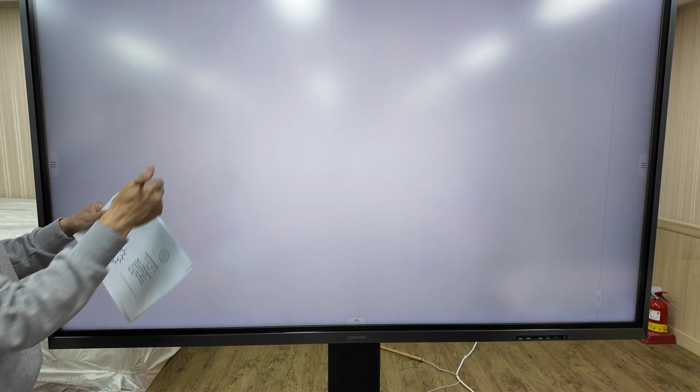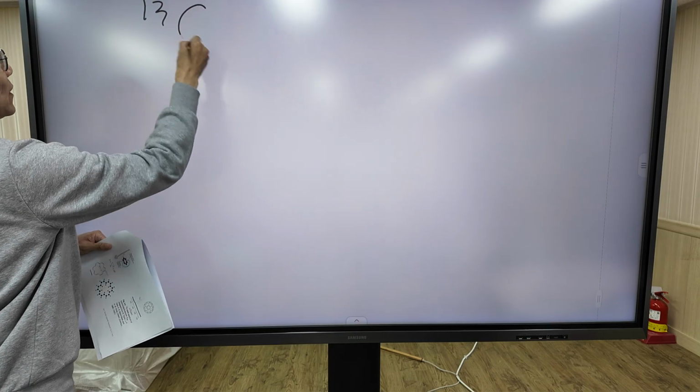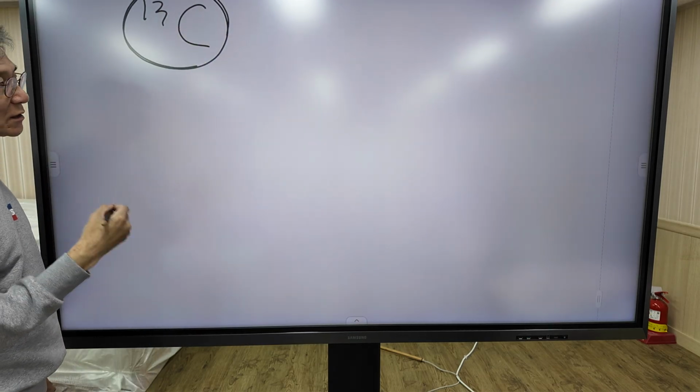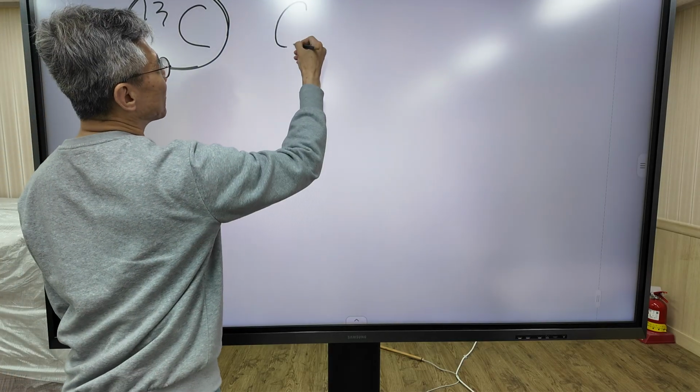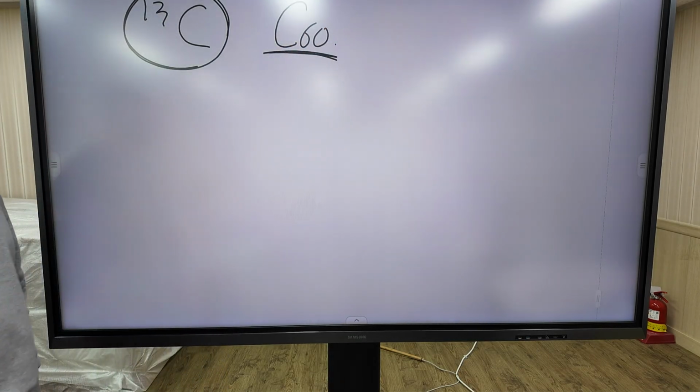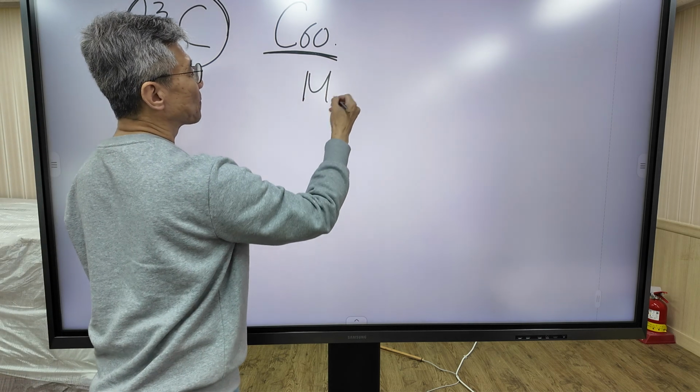Now, the carbon 13 NMR spectrum plays a very, very important role in the discovery of carbon 60. The existence of carbon 60 was first discovered by mass spectrometry.